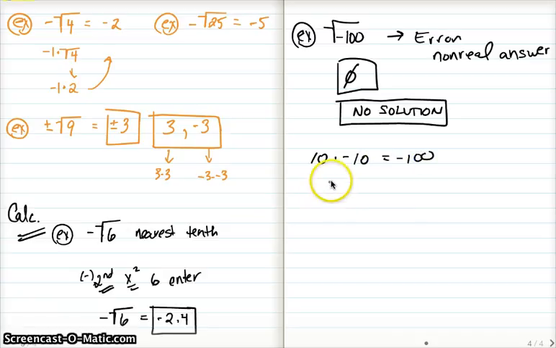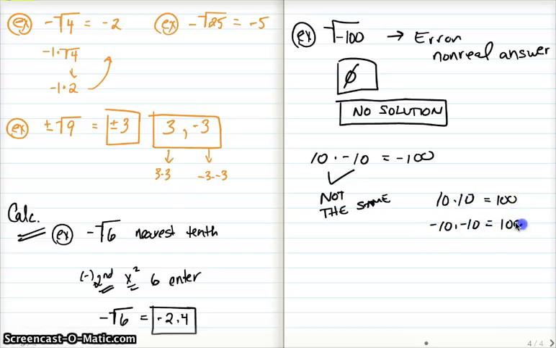Okay, and these are not the same. They're close, but they are not the same. They are in fact opposites of each other, and the negative sign makes a difference. So 10 times 10 will give us a positive 100. -10 times -10 gives us a positive 100. There is no number that is the same that when multiplied by itself will give us a negative. Okay, so these don't exist. You cannot take the square root of a negative number.